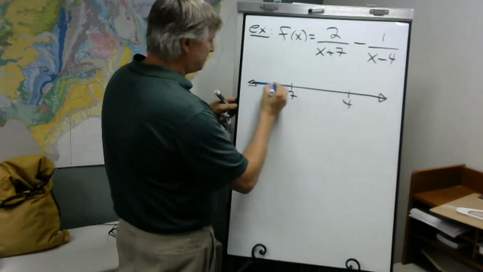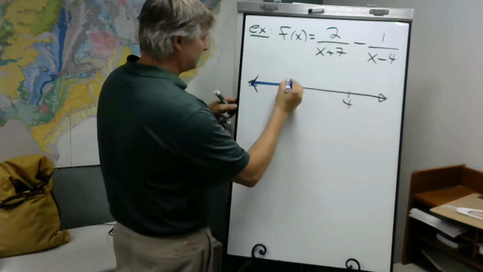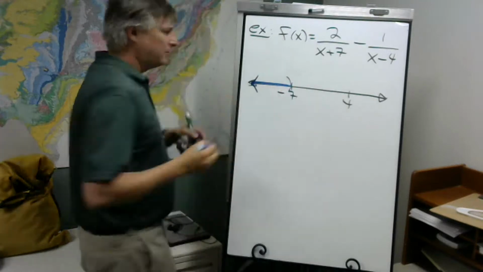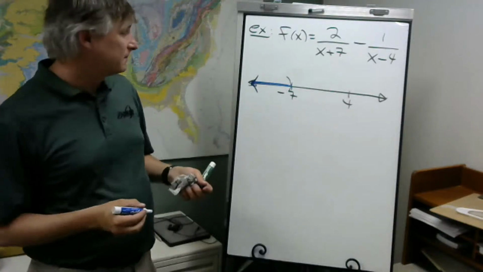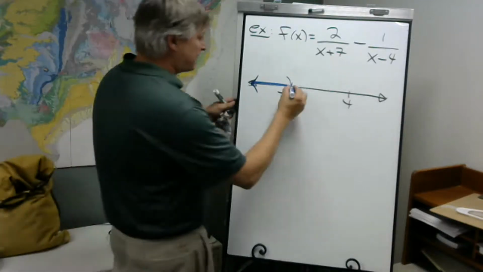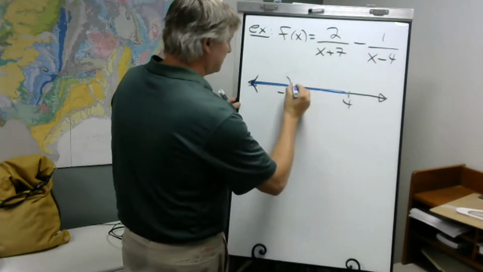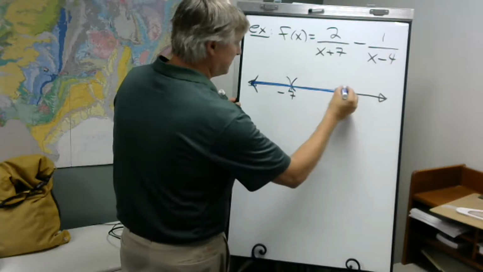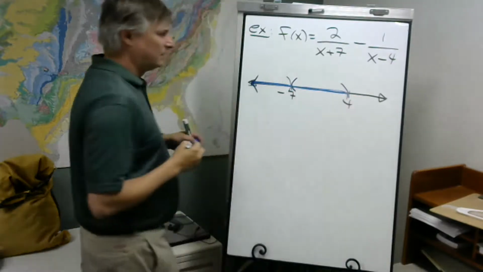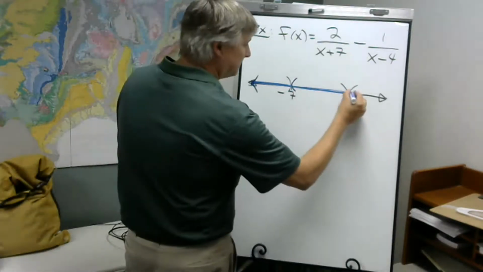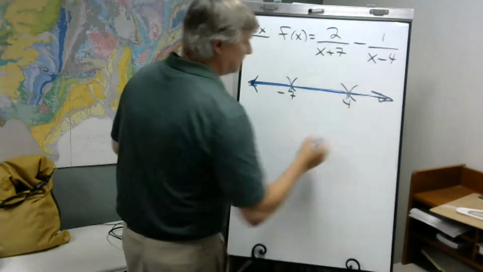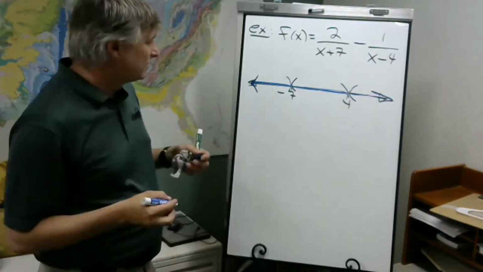That means we can take everything below negative 7, but we can't have negative 7 itself. Now, we can take everything between negative 7 and 4. That's fine. But we can't take negative 7 and we can't take 4. And then we can have everything above 4. That's fine. We just can't have 4.